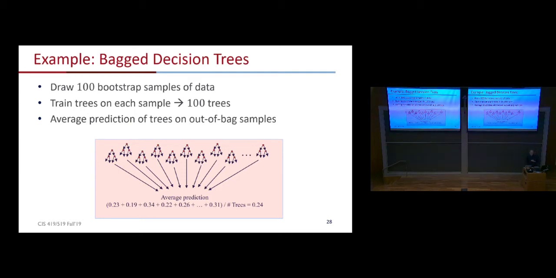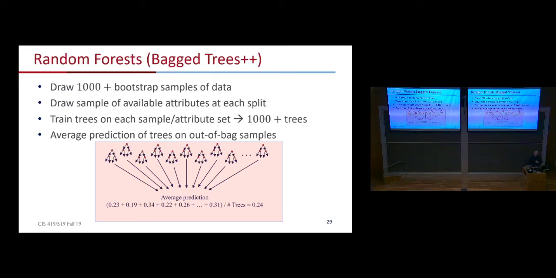On each sample, you're going to get 100 trees. And then you average the prediction, and you get a new classifier, which is a lot more expressive than your original. So in this case, I'm basically just averaging. I don't think about which of the weak hypotheses or the small trees is better. Uniform averaging.